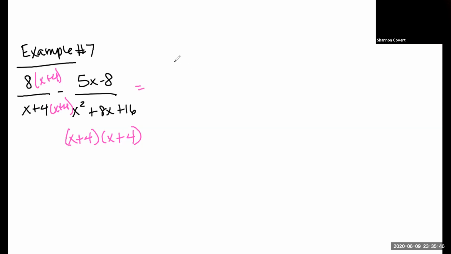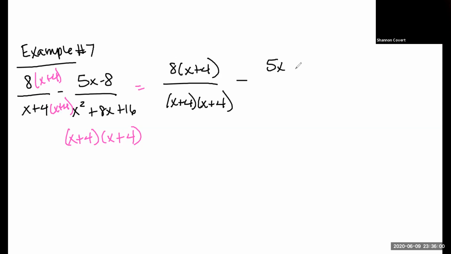So my new fraction for the first one is 8 times x plus 4 over x plus 4 times x plus 4. And luckily, I can just subtract the second one, 5x minus 8 over x plus 4 times x plus 4.